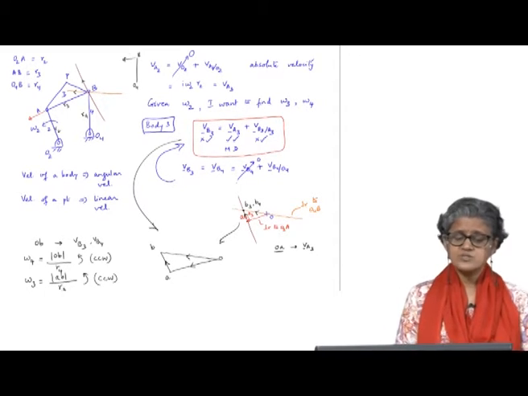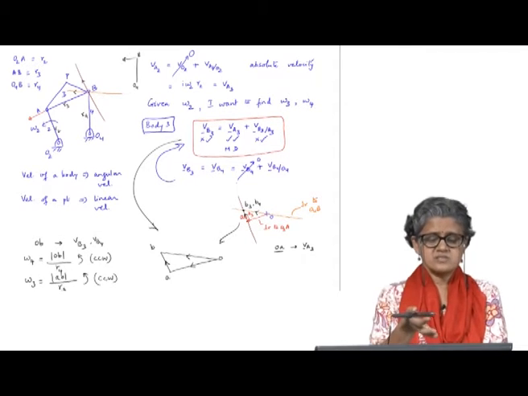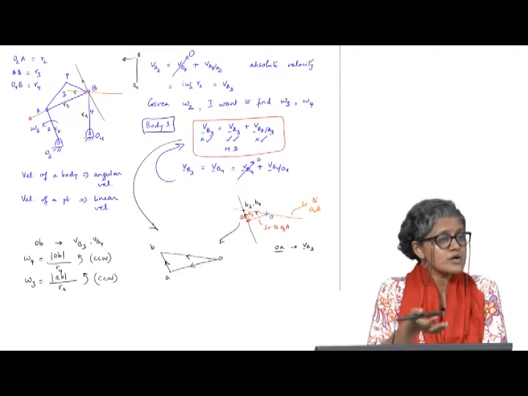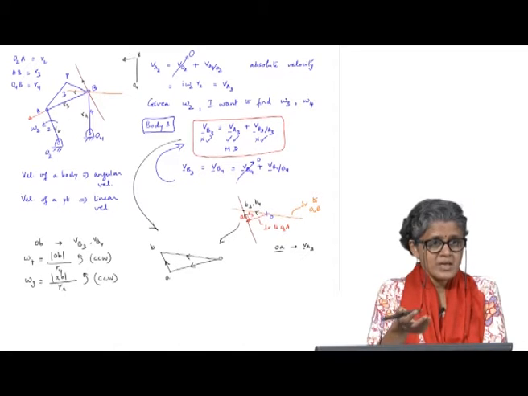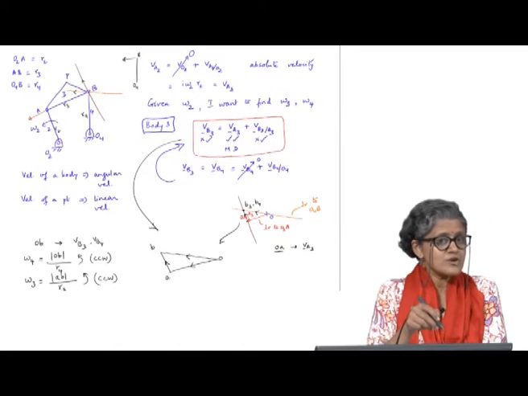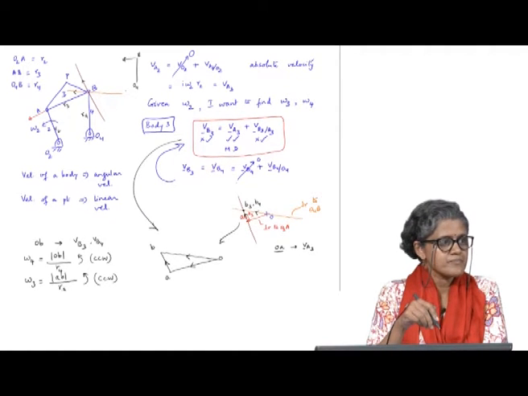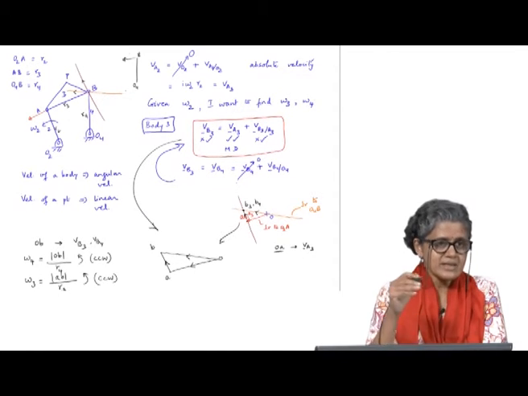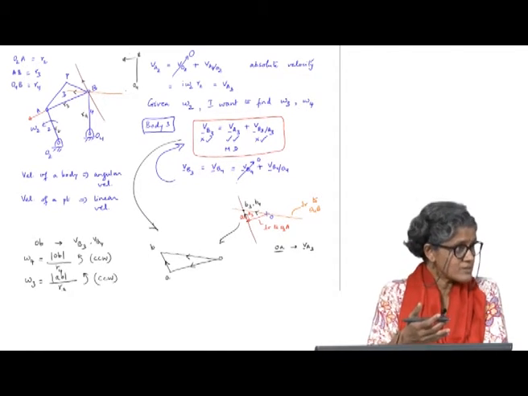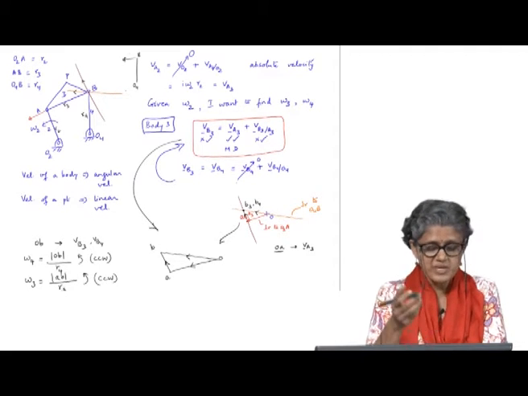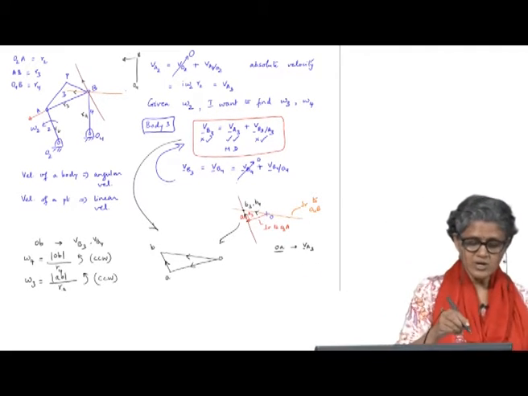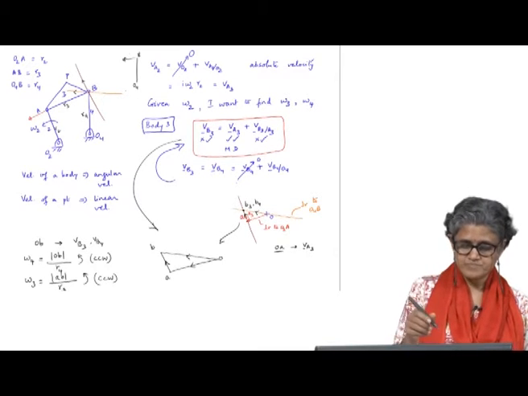Now, in many cases, for instance, if this was the solution that I got for a path generation problem and I was really interested in the velocity of P, why not take P straight away? P is also a point on link 3. So, instead of going through B, if the velocity of P is what I want, why not take that directly?